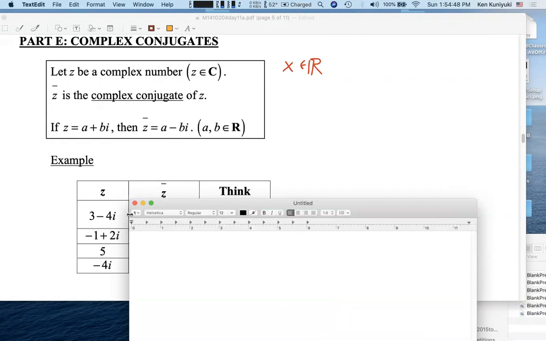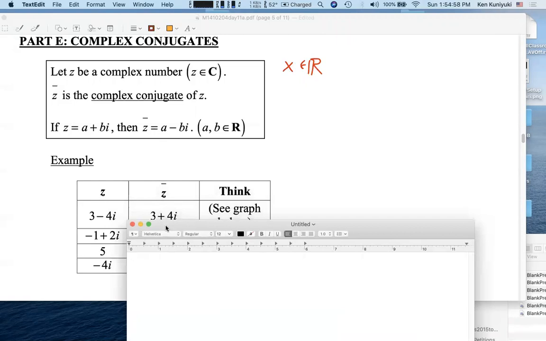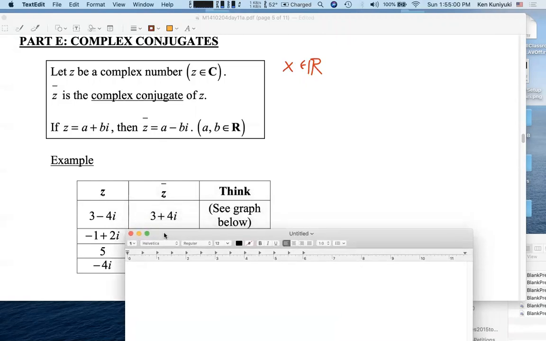So let's take a look at this table. If z is 3 minus 4i, what is the complex conjugate z bar? It's given by 3 plus 4i. And think about how these are related in the complex plane. If you graph these two numbers as points in the complex plane, how are they related?